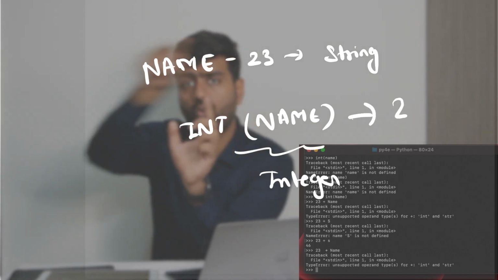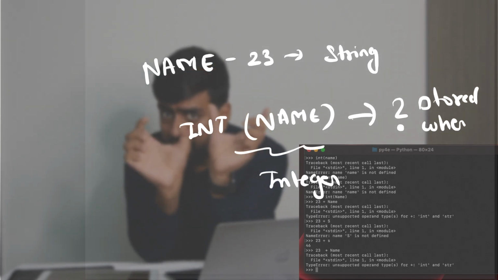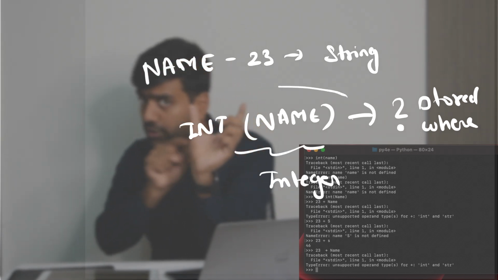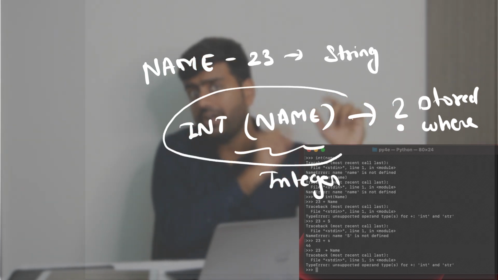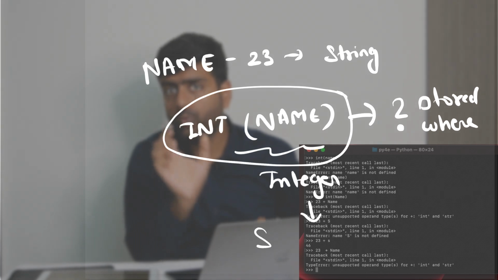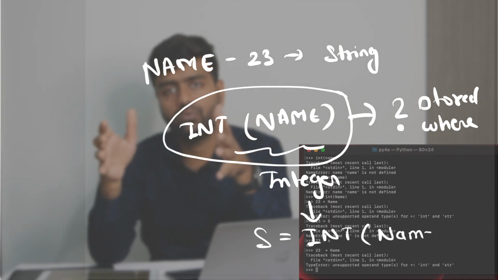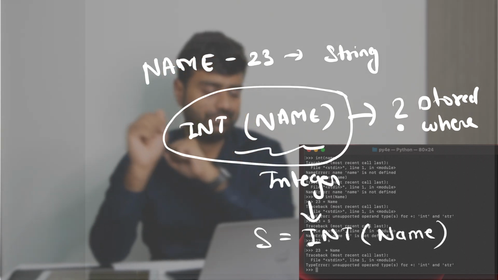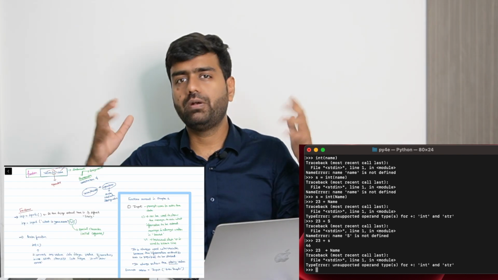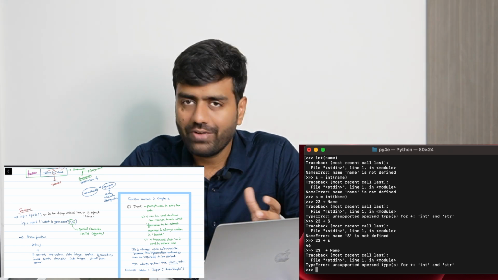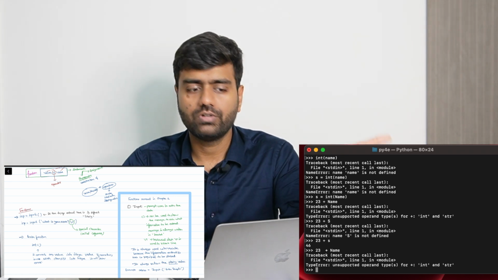The result of this particular function was stored in a word called S. That's why we wrote the command s, small s, equal to int, open bracket, name. I hope you understood this, and if not, please let me know in the comment box. I'll try my best to simplify this more through maybe this screen writing and notebooks, and then it will help you out. I hope I was clear.